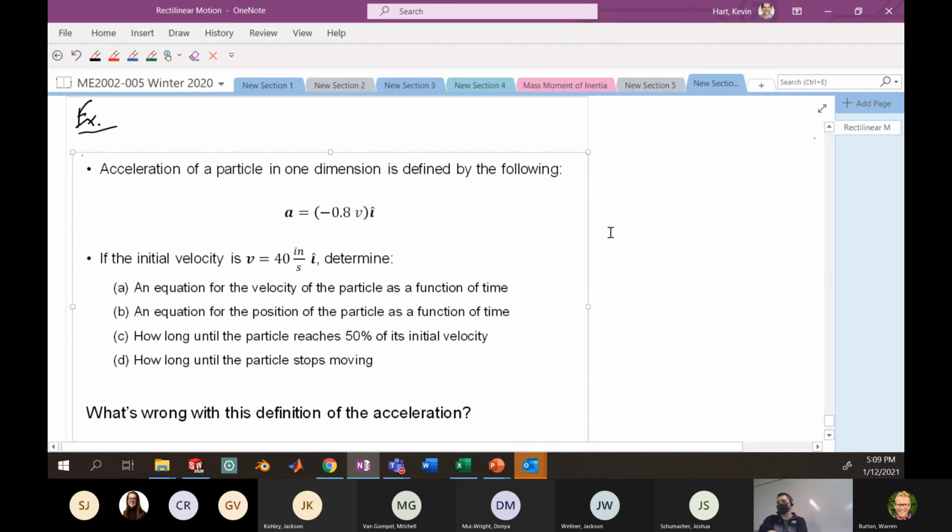Acceleration given as a function of velocity now. Told some about the initial velocity conditions. Determine all of this stuff. We'll tackle this one at the end.